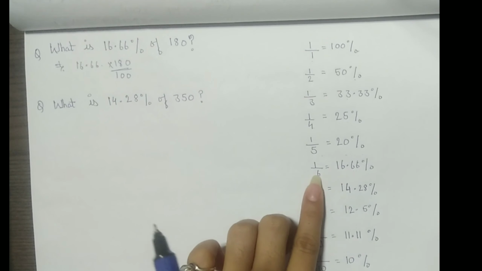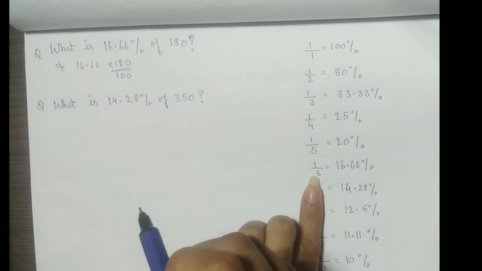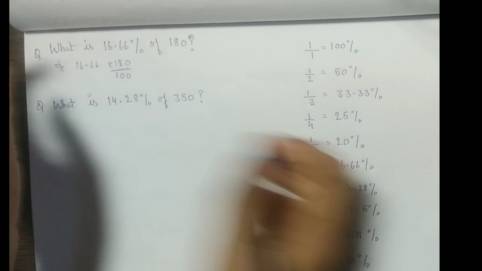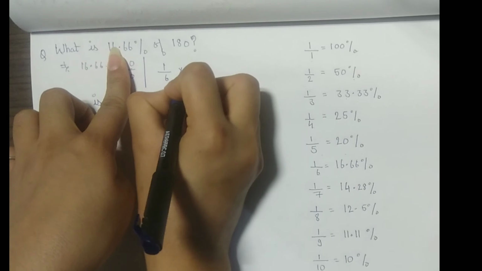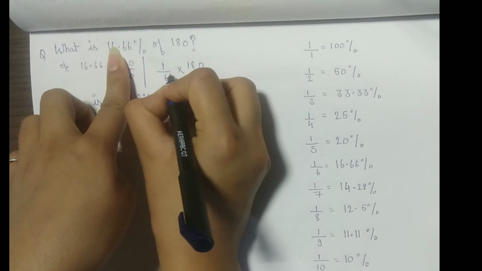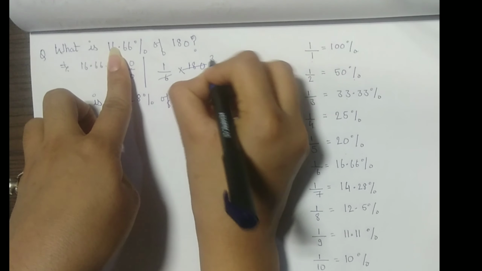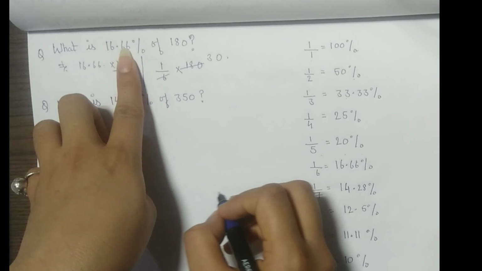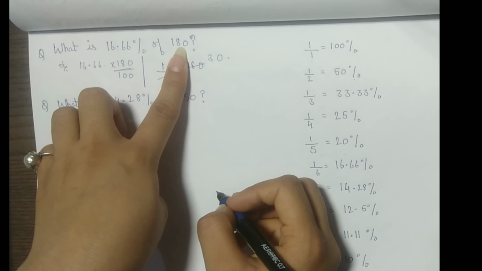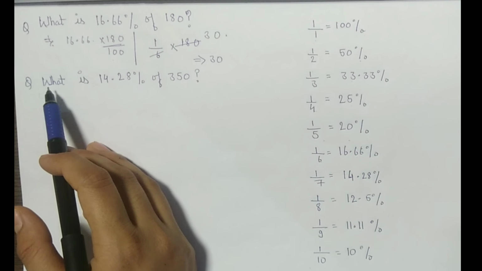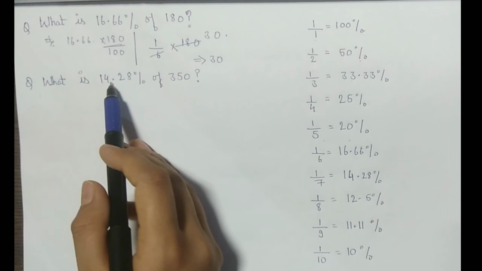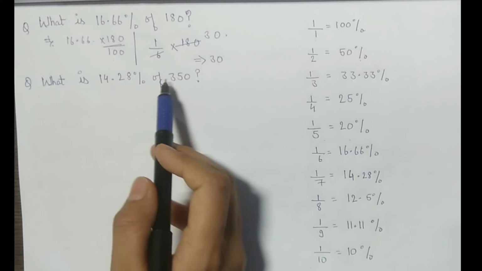The fraction of 16.66 is 1 by 6. So directly write down 1 by 6 and multiply it with 180. So what is 16.66% of 180? That is 30. Let's take another example. What is 14.28% of 350?